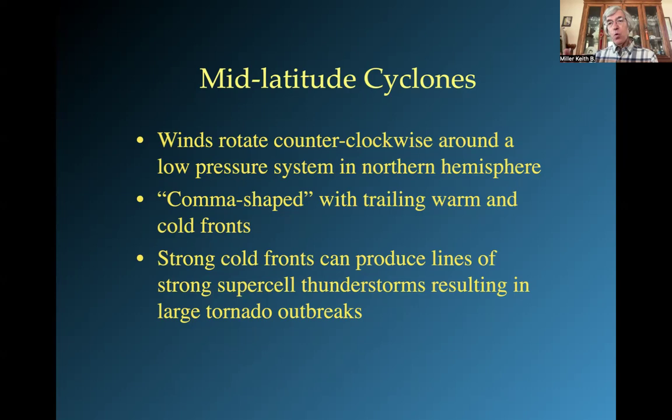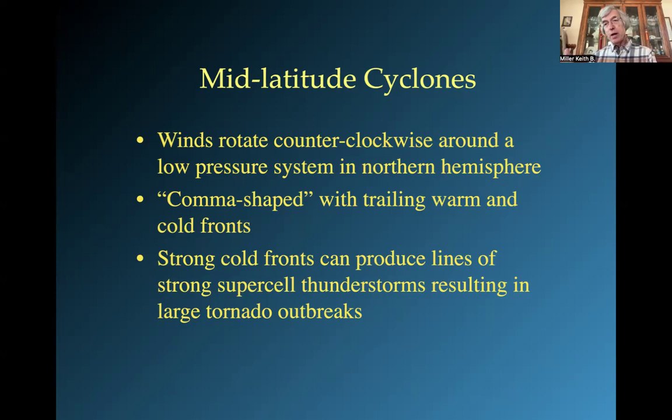So you typically have a warm front out in front of the moving cyclone that's pulling warmer air up from the south. And then you have a cold front behind it on the west side of the storm, result of pulling cold air down into the warmer air. And these, particularly the strong cold fronts, if you have very warm air in front of it, can produce very strong thunderstorms.